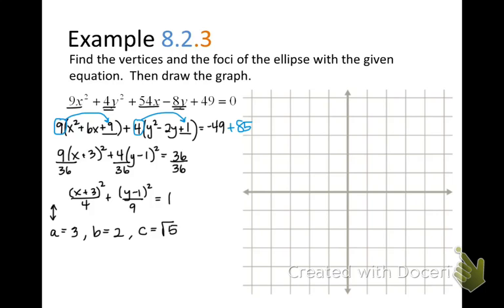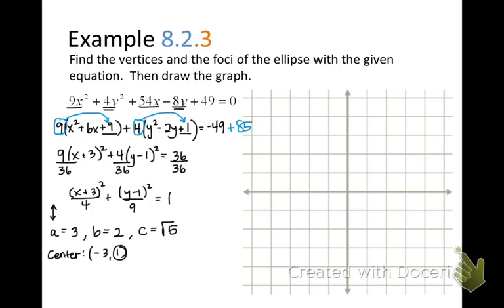All right. Where is your center? -3, 1. Since it's vertical, which variable am I changing for the vertices and the foci? I'm going to be changing the y values. Yep, because you're moving up or down for those, right?